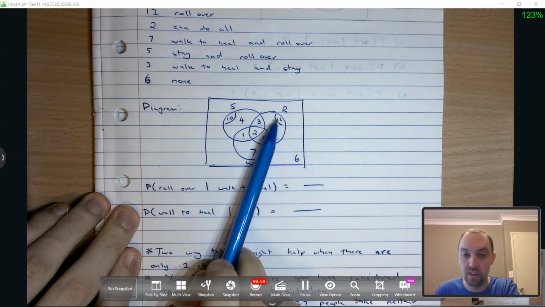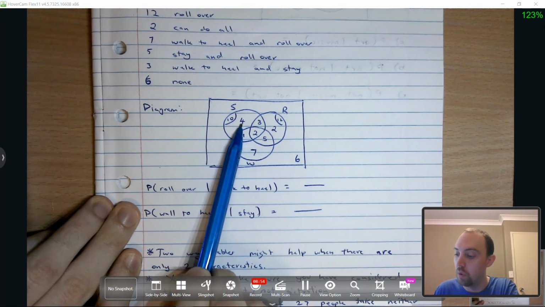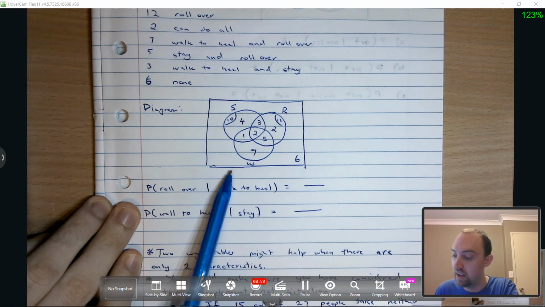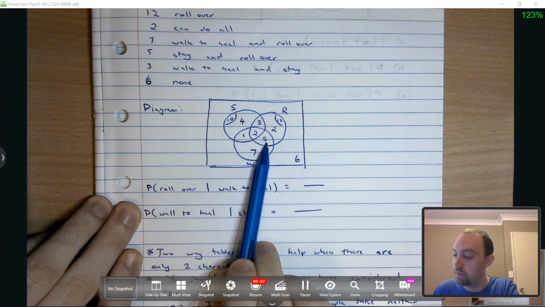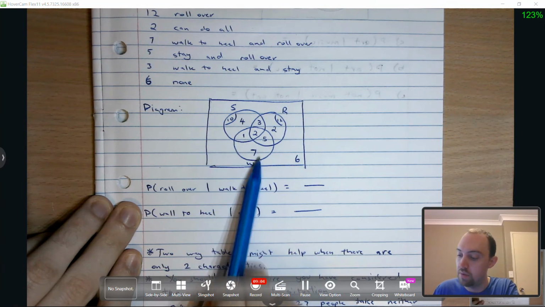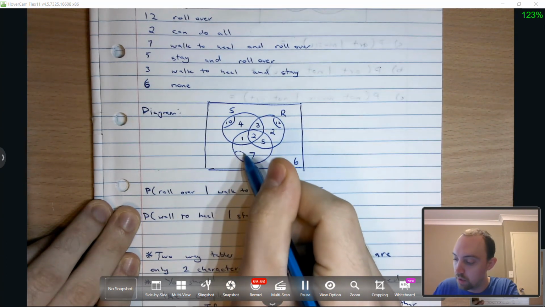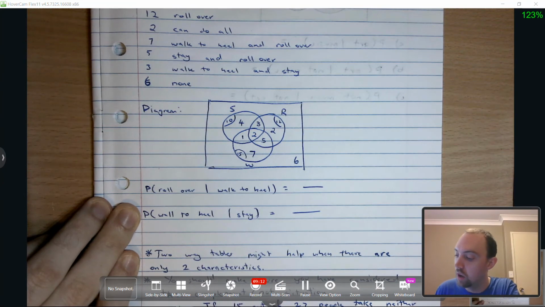So, hopefully you've gotten the same numbers here. Okay, we'll double check that they all add up. 4 plus 3 plus 2 plus 1 makes 10, so the number that would stay is correct. We've got 1, 2, and 5, 8, 15 that can walk. You might even put that little bubble in there to say that there's 15 that can walk to heel.